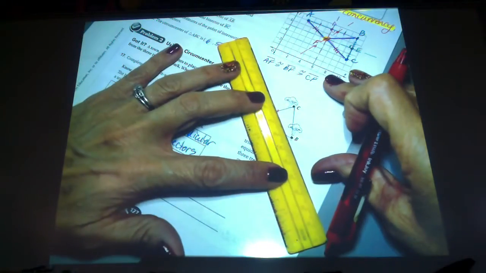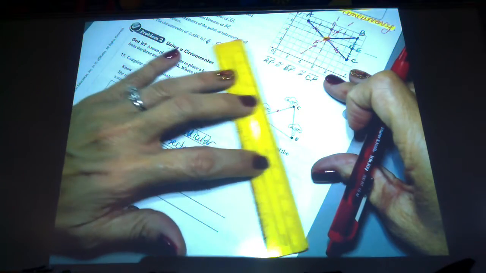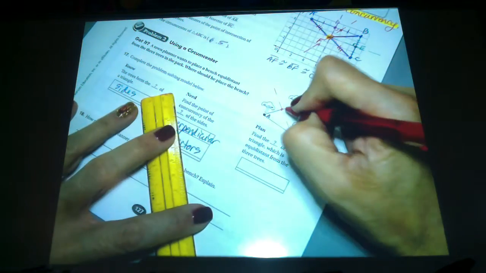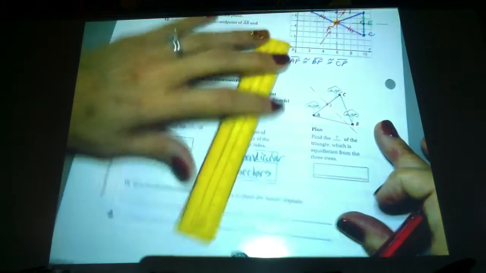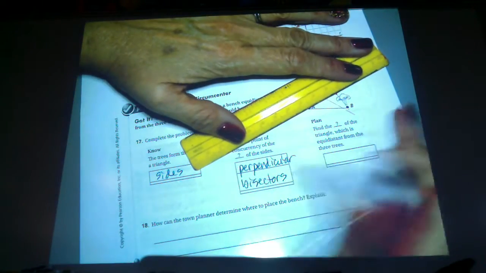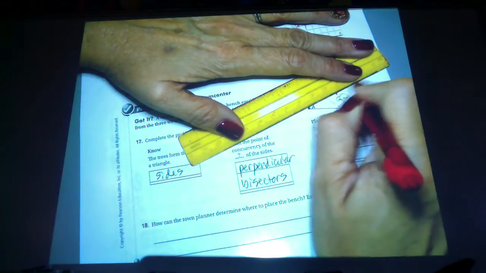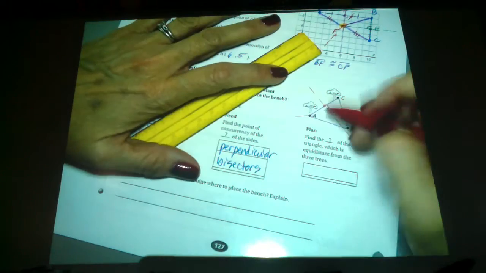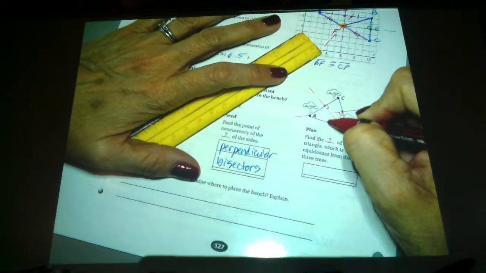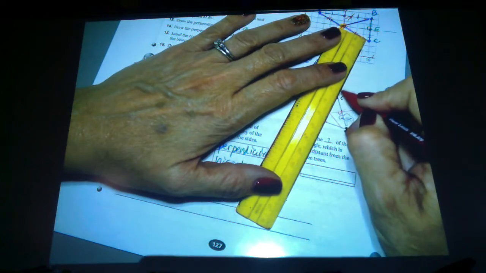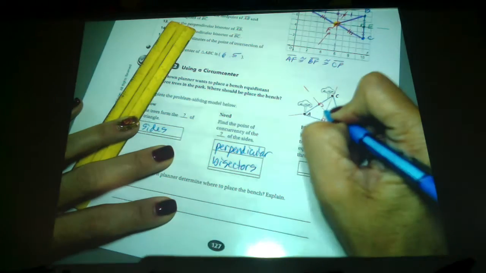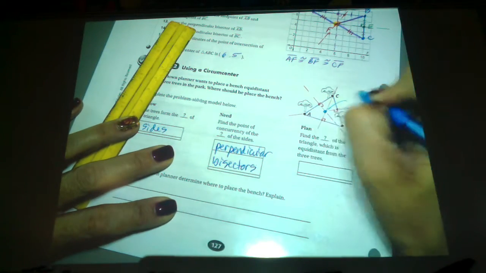And I'm going to make my best judge of a perpendicular bisector. And then we're going to guess about here. Obviously we wouldn't guess if we're normally doing this. And then I'm going to make my best judge there. And then finally, here, and so this right here is where the bench is going to go.